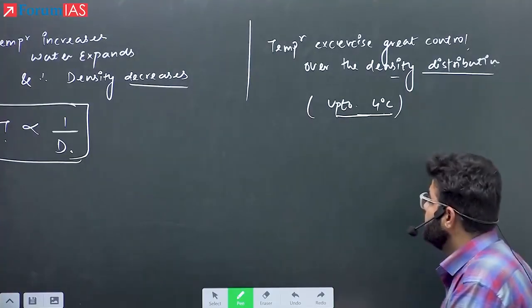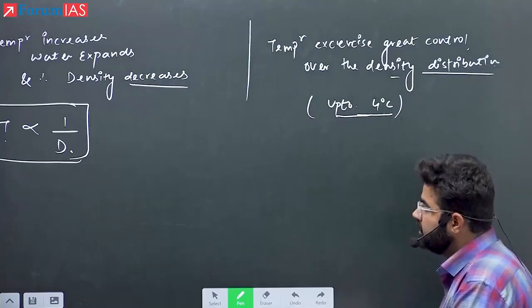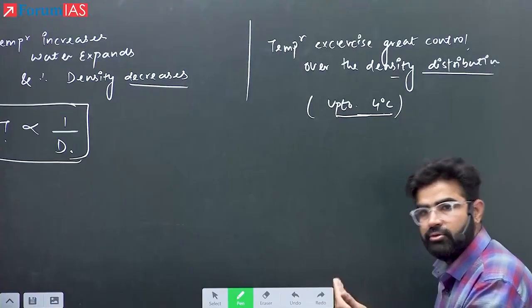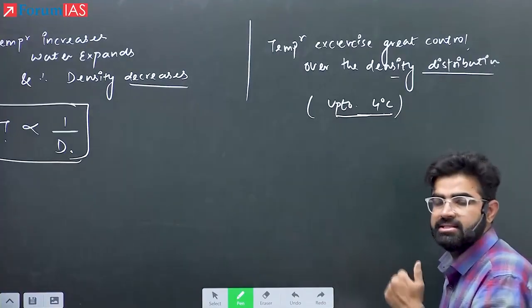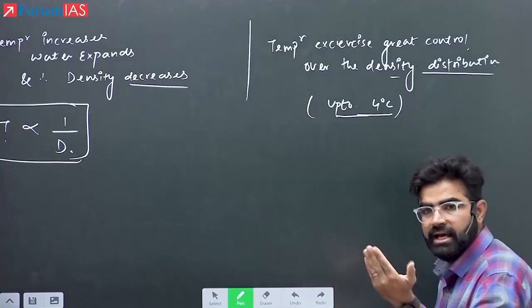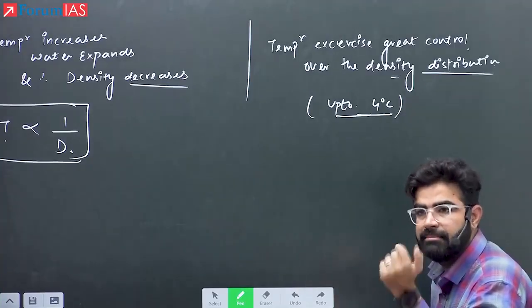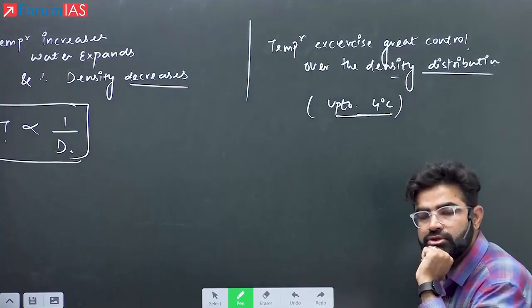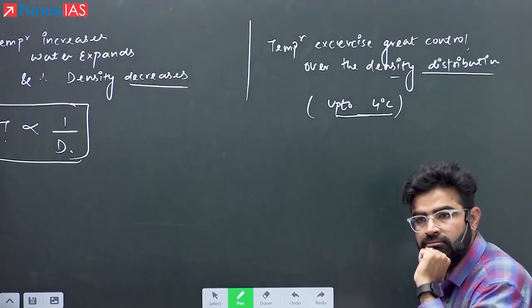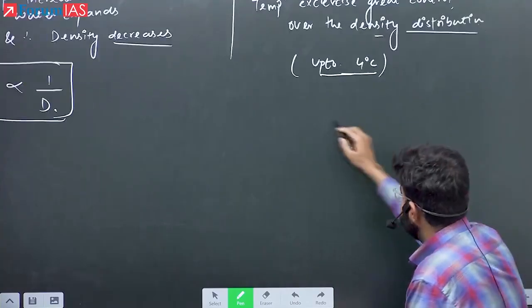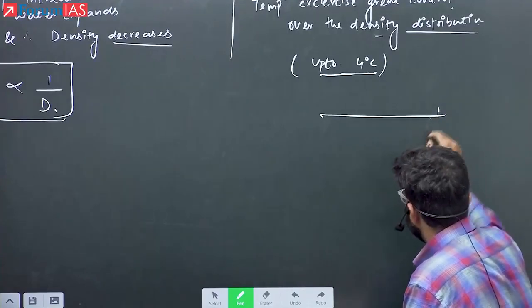This is the factor. Now, if I understand, the great control on the density was exercised by the temperature. If you have the temperature graph, can you give me the density graph then? We have just now learned the graph of this temperature distribution, vertical distribution. Can you draw the density distribution, vertical graph? Can you? Yes? अरे अभी देखा ना, we just have learned this graph.